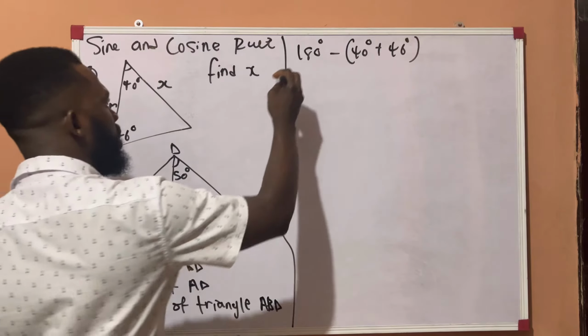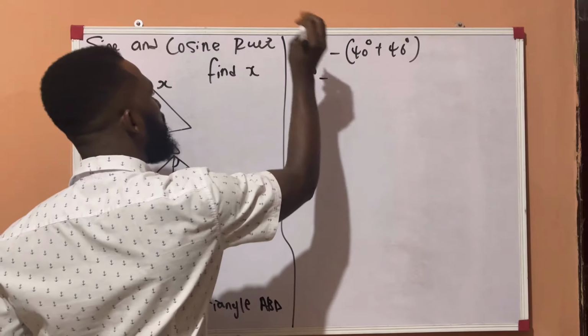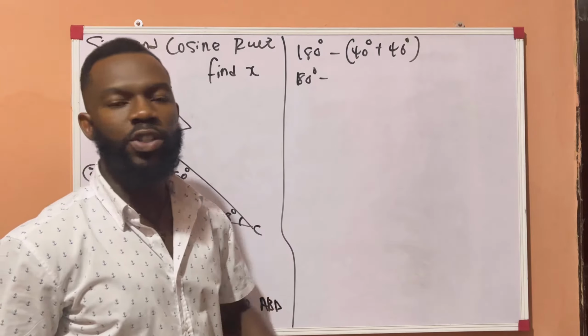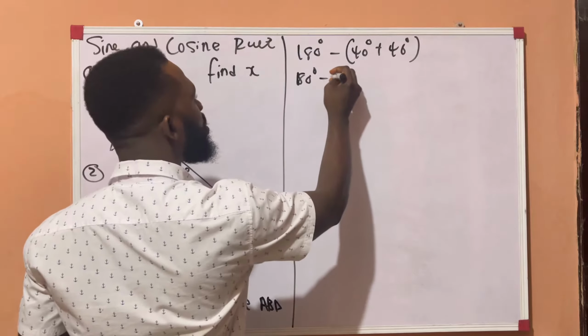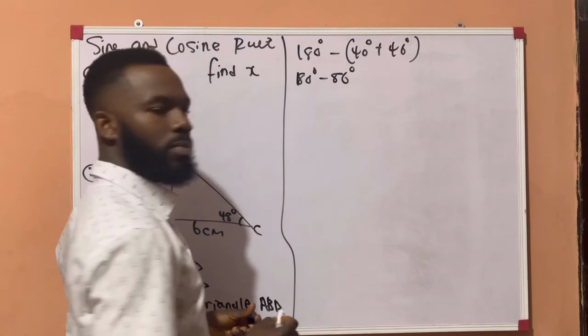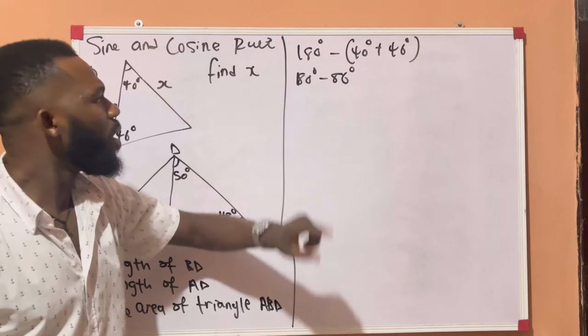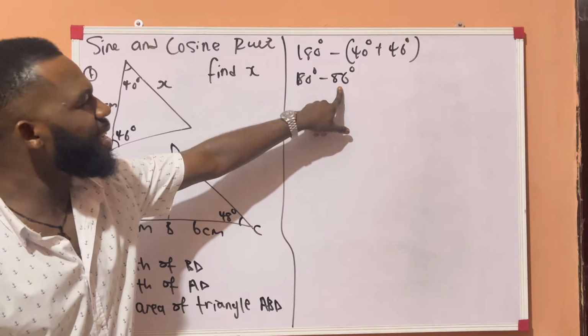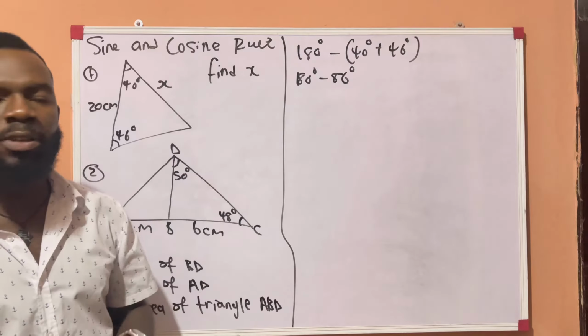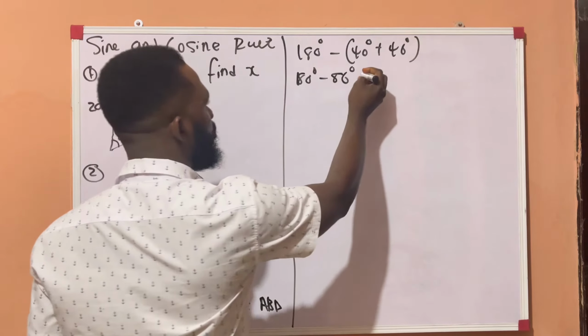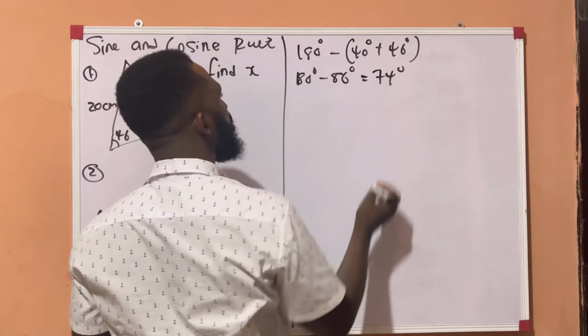180 degrees minus (40 degrees plus 46 degrees) gives us 86 degrees. Now, if we subtract 86 degrees from 180 degrees, we get 74 degrees. So class, what does it mean?